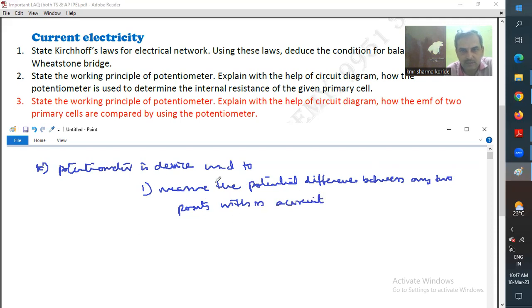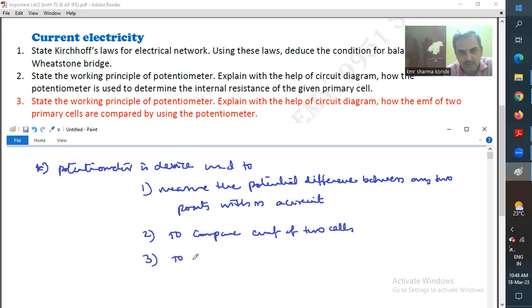This is without drawing current from the circuit. Next, the second is to measure or to compare, in particular, to compare EMF of two cells connected in the secondary circuit.